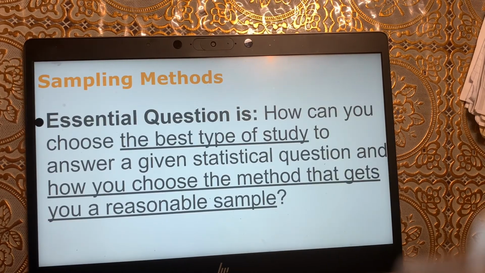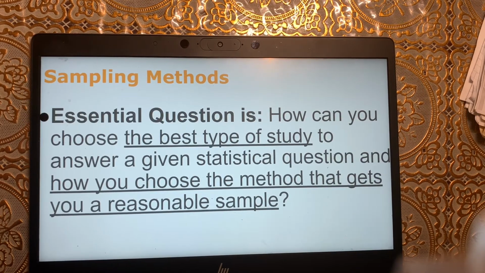We know now about sampling. The essential question is how can you choose the best type of study? Based on those, we can decide how to answer a given statistical question and how to choose the method that gets you a reasonable sample. What are the sampling methods? What are the good ways of taking a sample from a population?